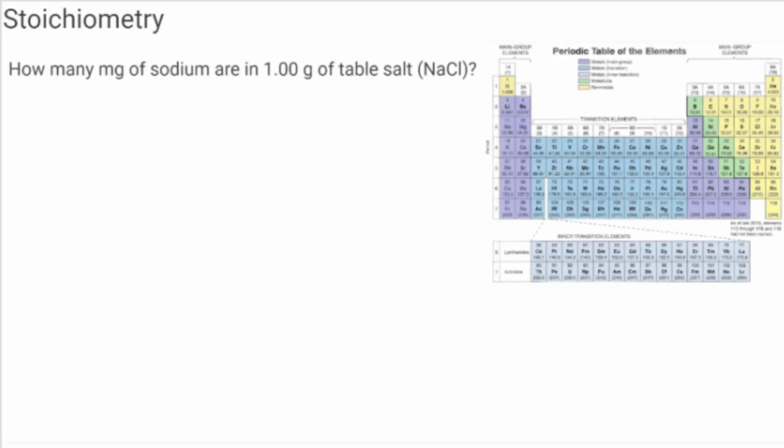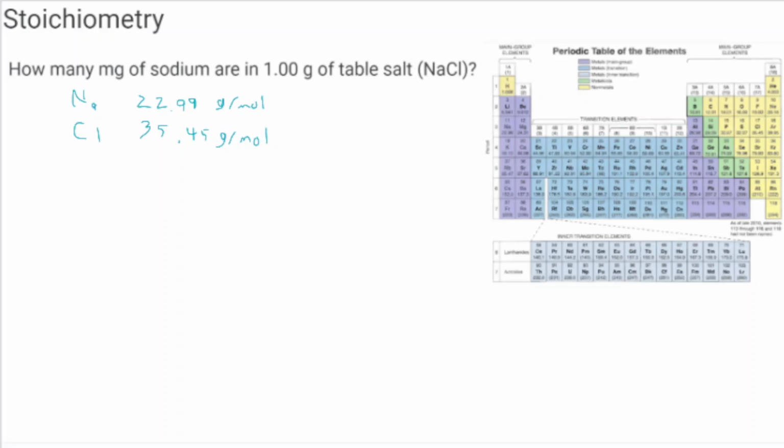So let's go ahead and take a look at this. So we have our sodium contributing 22.99 grams per mole, and then we're going to be adding that to our chlorine, which is 35.45 grams per mole.